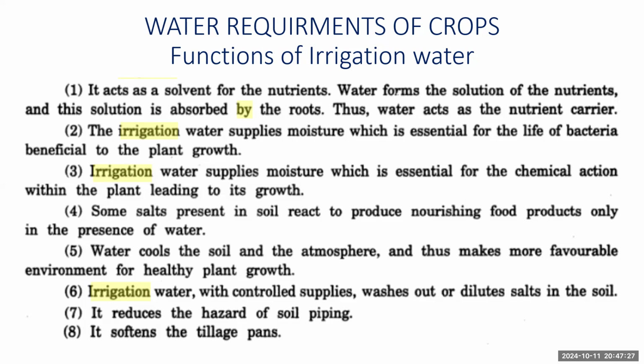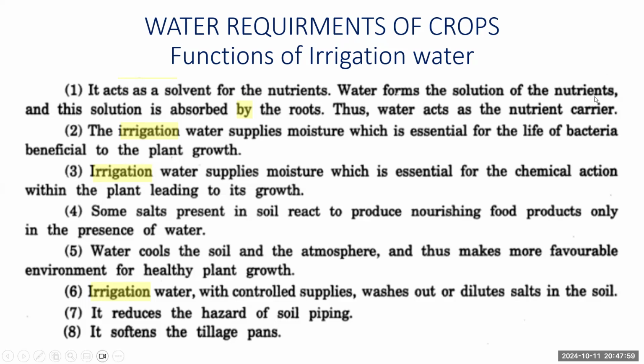We know that the roots of the plant absorb water. Along with that, they absorb the nutrients. And then the photosynthesis process takes place, in which the food for the crop is prepared. During that photosynthesis process, the chemical action takes place, and for that, this irrigation water supplies moisture.